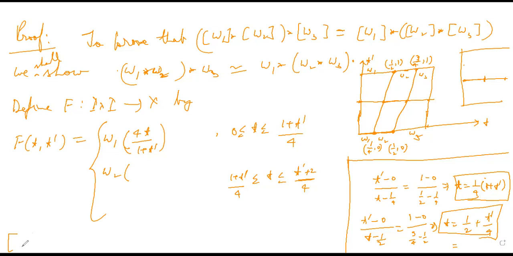You have to adjust the speed in such a way that between this and this omega 2 is complete, so you just translate it.